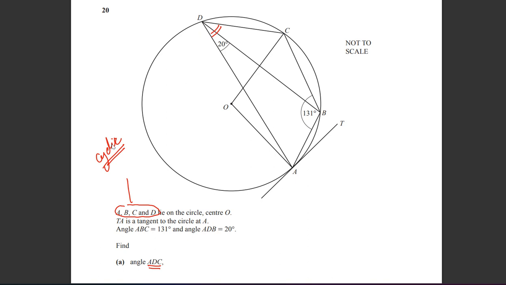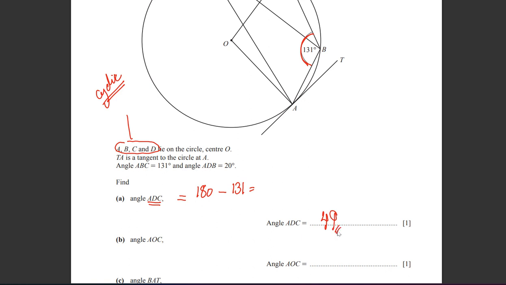So if I want angle D, angle D plus angle B equals 180. So angle D equals 180 minus the other one, which is 49. So the answer here is 49 degrees.